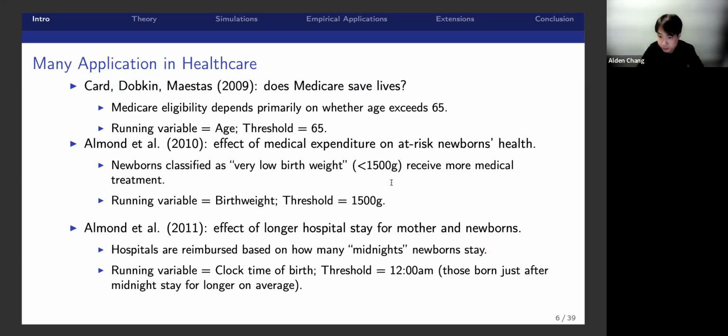As a result of the way insurance reimburses, newborns that are born just before midnight stay longer on average than those born just after. In this case, the running variable is the clock time of birth, and the threshold is midnight. There are many other applications, but I'll skip them in the interest of time.